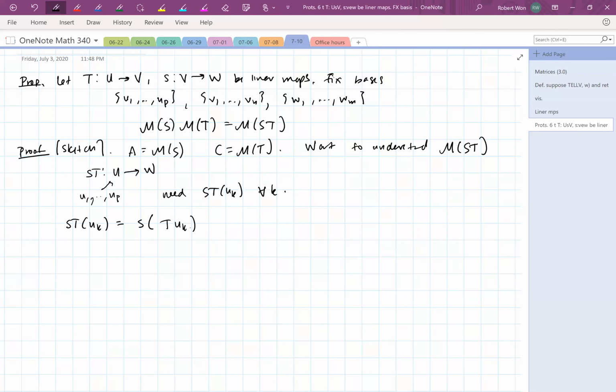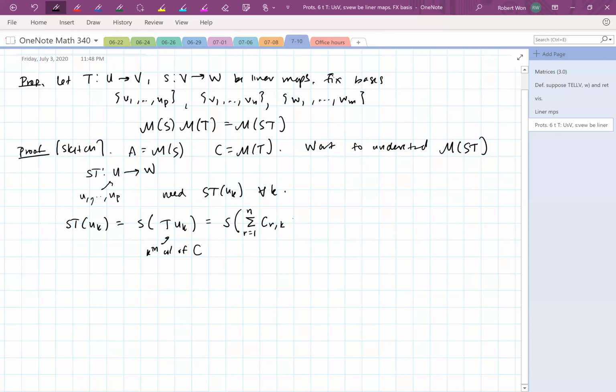Well, T of uk is the kth column of C, because C is the matrix that recorded what T does to the basis of U. You get the information from the kth column of C. What we'll do is sum from r equals 1 to n.